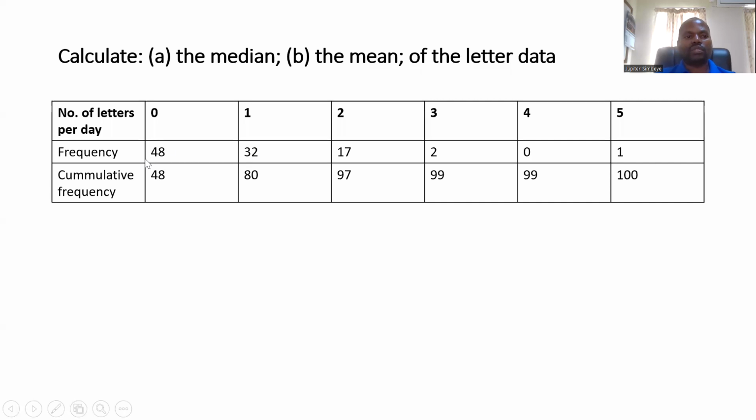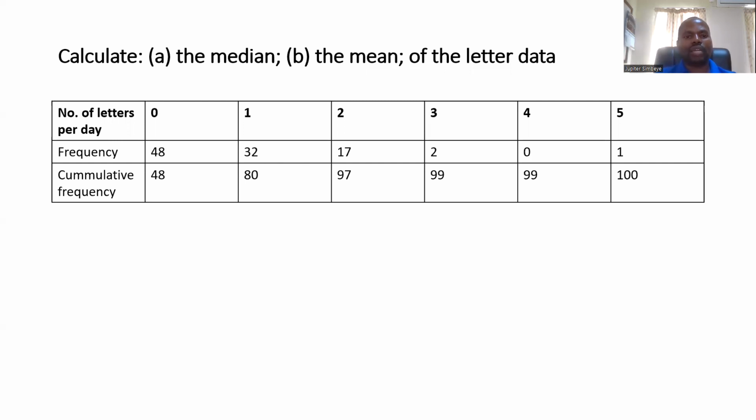So there will be zeros from the lowest up to number 48. Then from 49, there will be ones up to 48 plus 32, that would be 80. So up to observation number 80, it will be a 1.